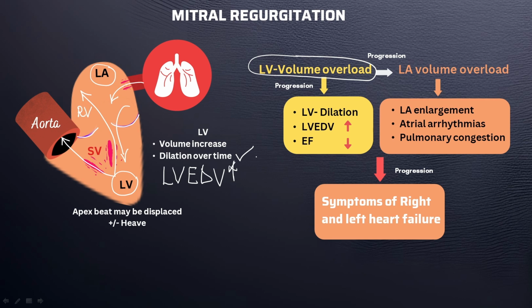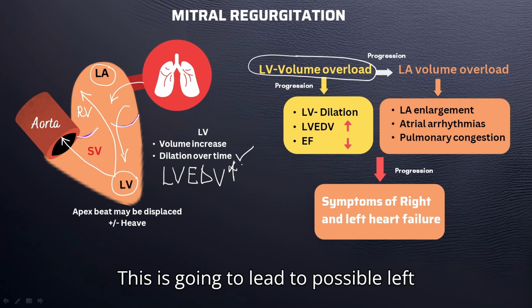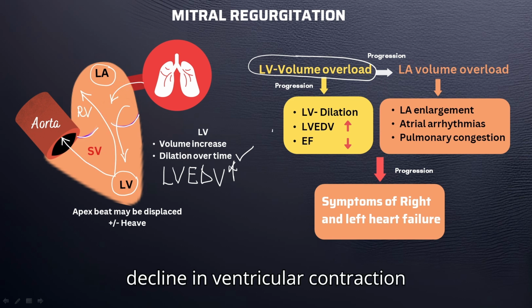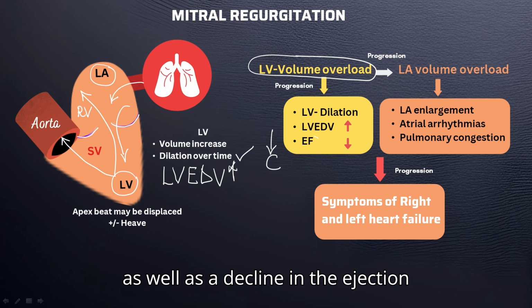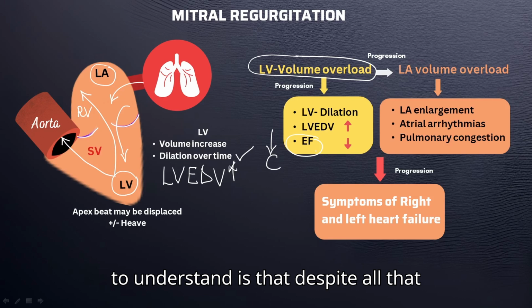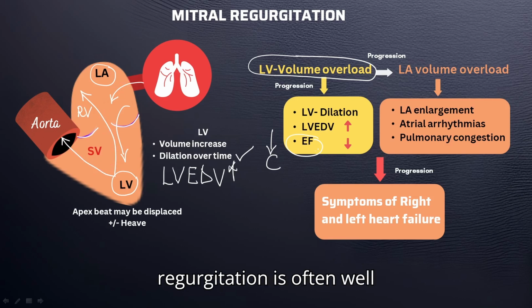What is the effect? This is going to lead to possible left ventricular failure with a decline in ventricular contraction as well as a decline in the ejection fraction. So, an important thing to understand is that despite all that has been explained, chronic mitral regurgitation is often well tolerated in its early stages.